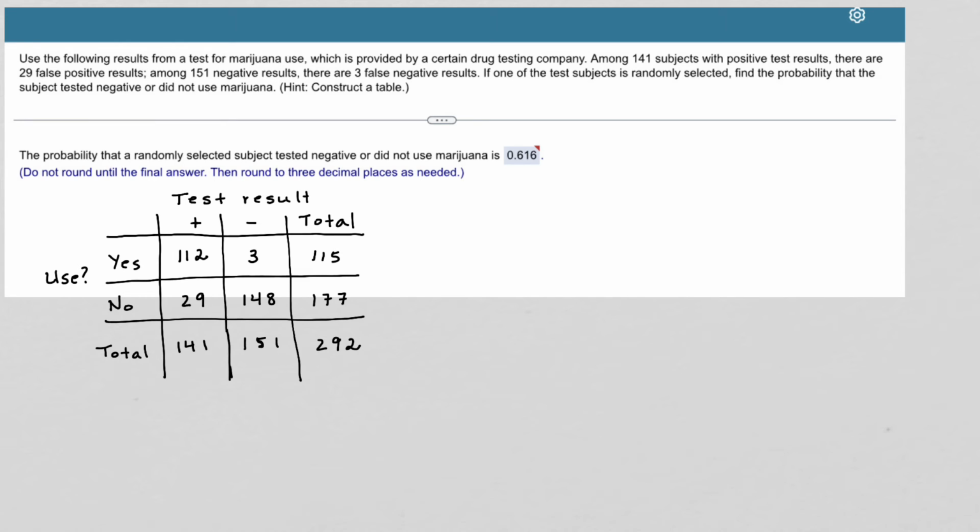All right, so now that we've done all that work, we're ready to find the probability. So we want to find the probability that a randomly selected subject tested negative or did not use.